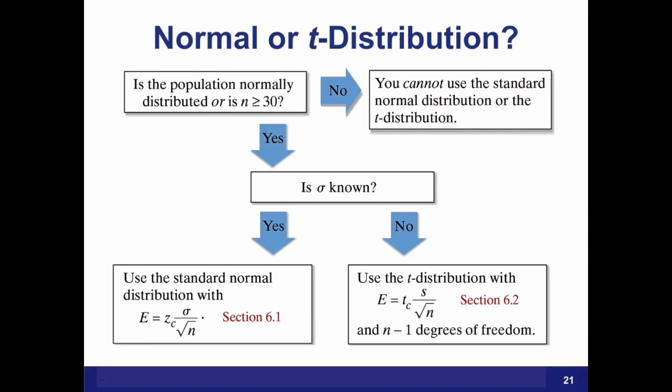If the answer is yes to either one of these, then the next question is, is sigma known? If sigma is known, yes, then you use whatever theory we learned in section 6.1. If the answer is no, if sigma is not known, then you use whatever we have learned in section 6.2.